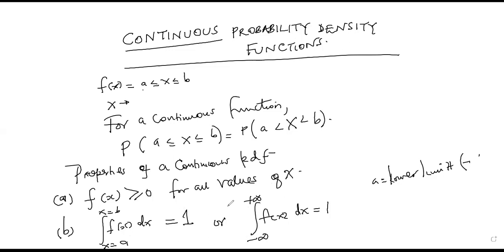Now, we use this second property to find the constants, because sometimes they want you to find the constant. To find the constants, one can use graphs, or one can use this property, whereby we shall be integrating to get the required value.